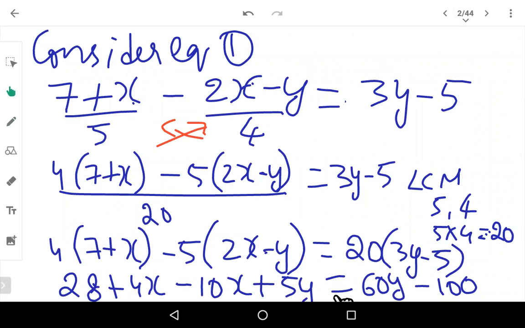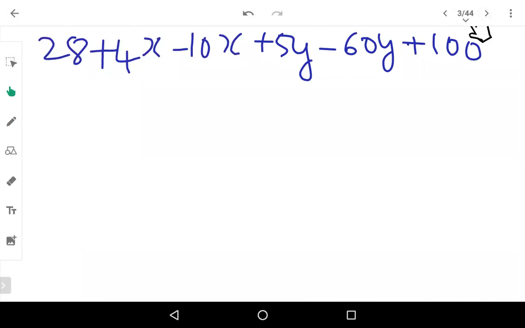If 60y comes to the other side, it is minus 60y, and minus 100 becomes plus 100. So we have got this, equal to 0.